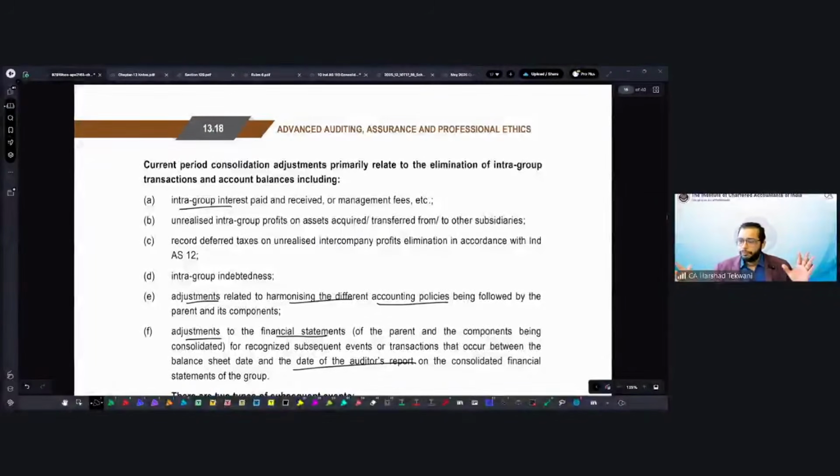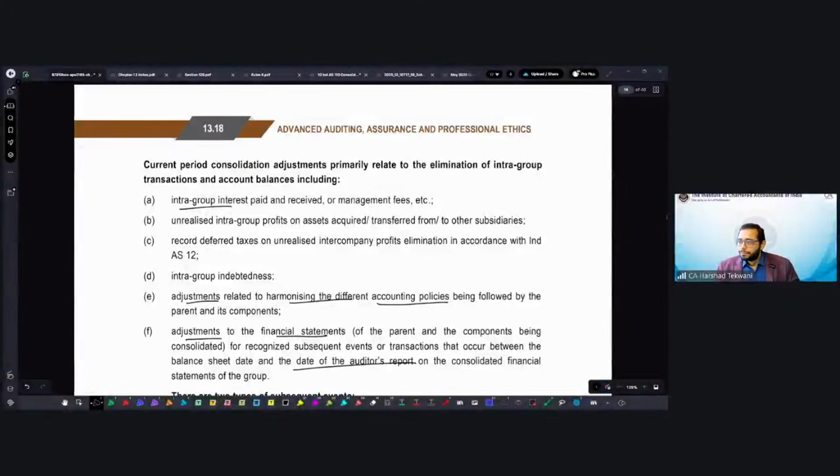For your hint, we have a standard on auditing on that, a very important area that you see from the perspective of standalone financial statements that is also applicable to the consolidated financial statements, apart from whatever we have discussed.